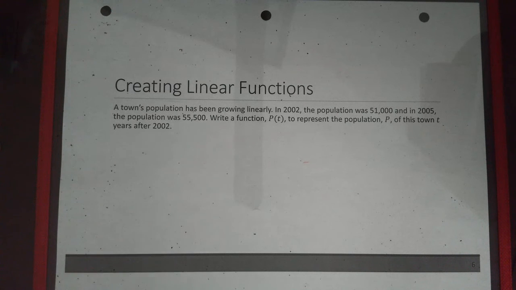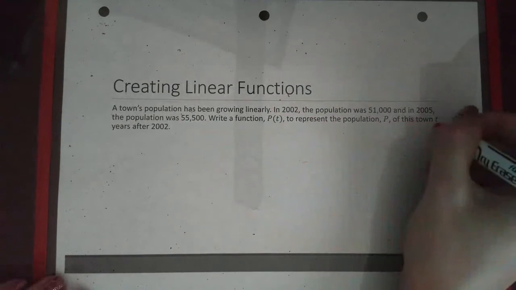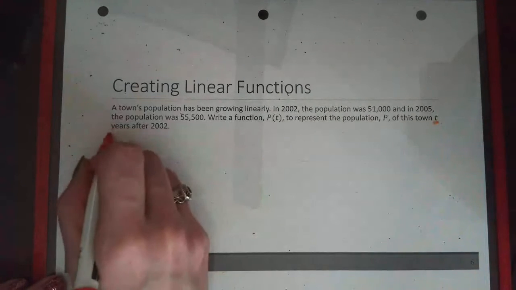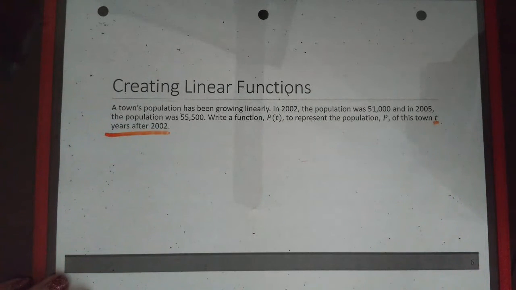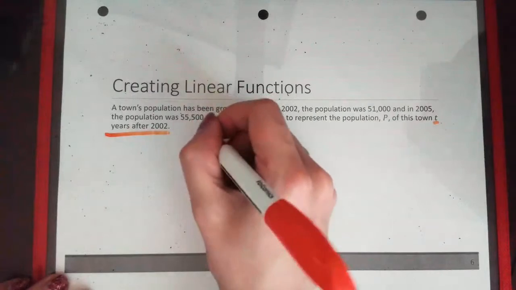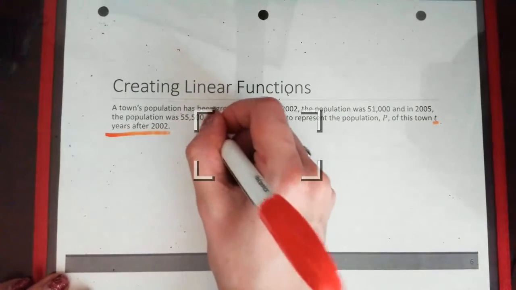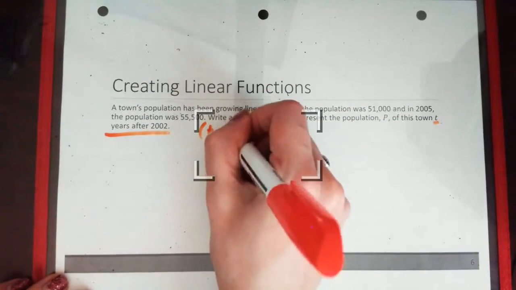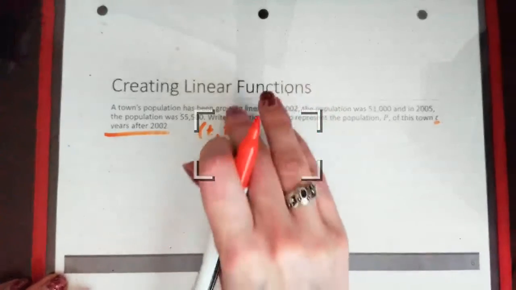We have to be really careful with this one because our input value t is the number of years after 2002. So when we go to make our points, we have to make sure that we're using the correct t value. So when we write our ordered pairs, our input value is t, and we are getting out p of t.